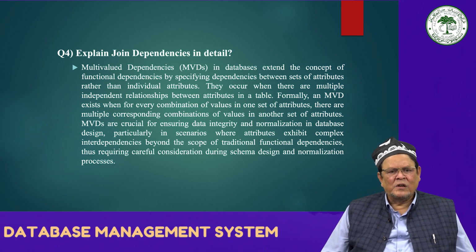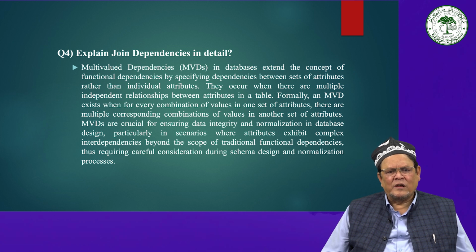For example, if we have a table for employees, department, and projects, a join dependency might specify that for every combination of employee, department, and project, there must be a corresponding tuple including the employee's assignment to the project within their department. Join dependencies help maintain data consistency and integrity in the relational databases.